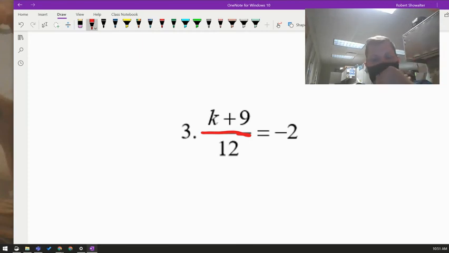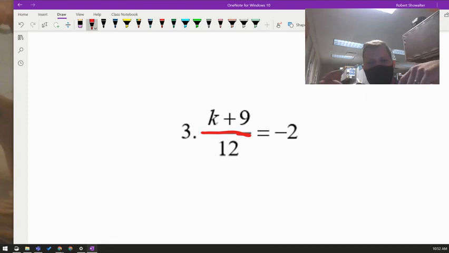So what's interesting when we're looking at this, we kind of have to dig out that k. So we look at what's trapping it on that left side. There's that plus 9, and then there's also the divide by 12. But the tricky thing here is that the plus 9 is trapped inside of a divide by 12, if that makes sense. So the weakest thing, the thing on the outside, the easiest and quickest to get rid of, the least complicated thing, is actually this divide by 12.